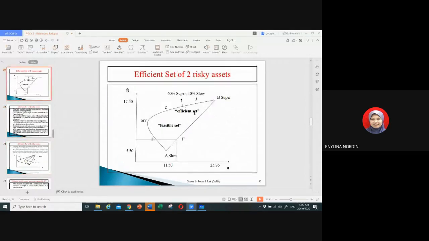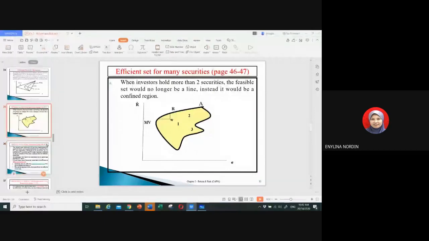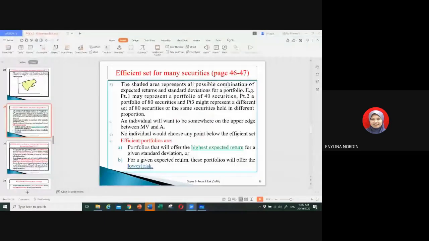It's not a shaded area or a confined region, it's a line, a curve. Only the efficient part starts from MV to B. It is the same as with many risky assets here. Okay, the next one, we go to this part.